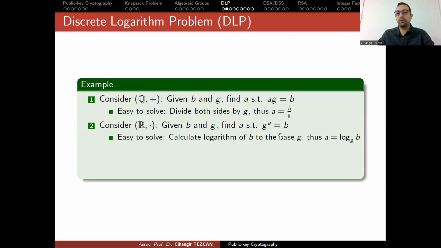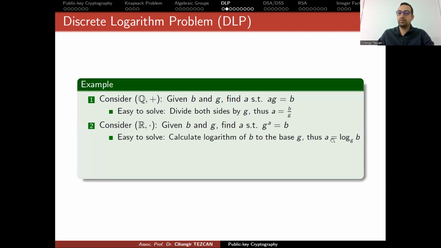Calculate the logarithm of b to the base g. If you do it, this would mean that log base g of b equals log base g of g to the a. Recall that for any logarithm, if the base and the value are the same, the result is 1, so a is brought down in front and you end up with a.